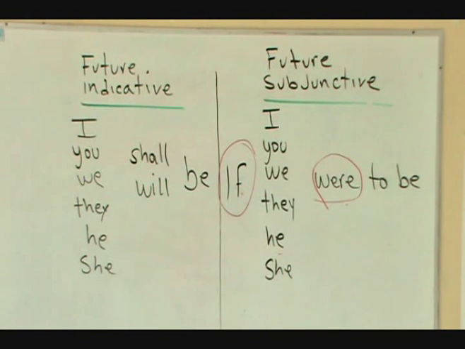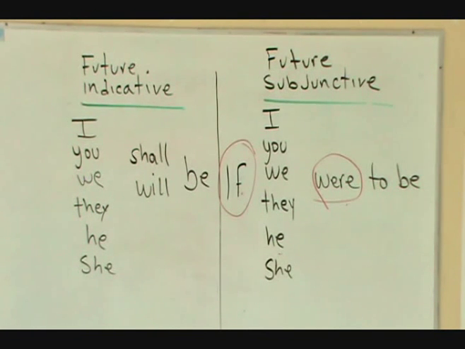And then be. I shall be, you shall be, we will be, they will be, he will be, or she will be. It could be I shall be, you shall be, we shall be, they shall be, he shall be, or she will be. Or she shall be.